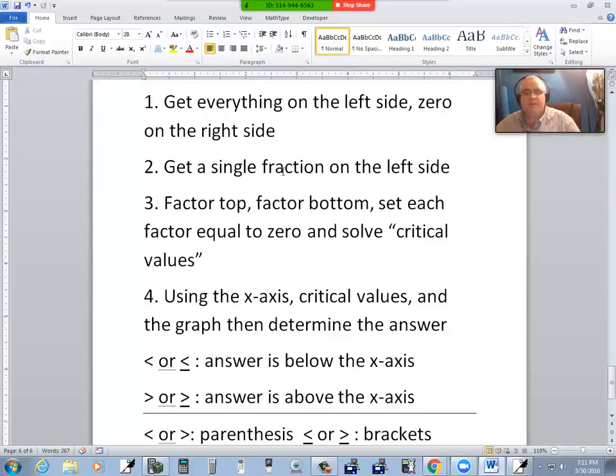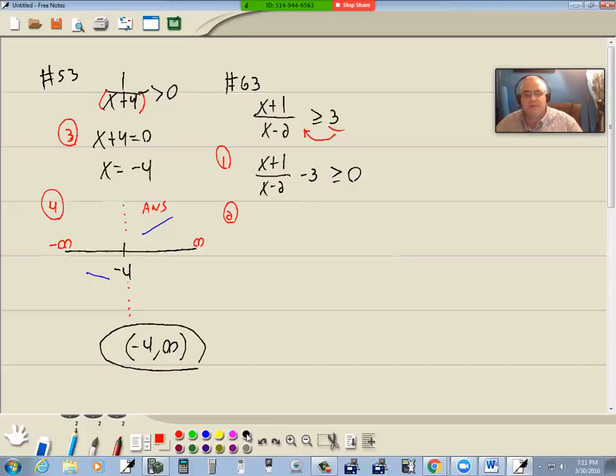Step 2, get a single fraction. Well, we're going to rewrite this as negative 3 times x minus 2 plus x plus 1, over x minus 2. This is the mixed number rule. You take the number to the side, you multiply it times your denominator, you add your numerator, and then your denominator stays as is.